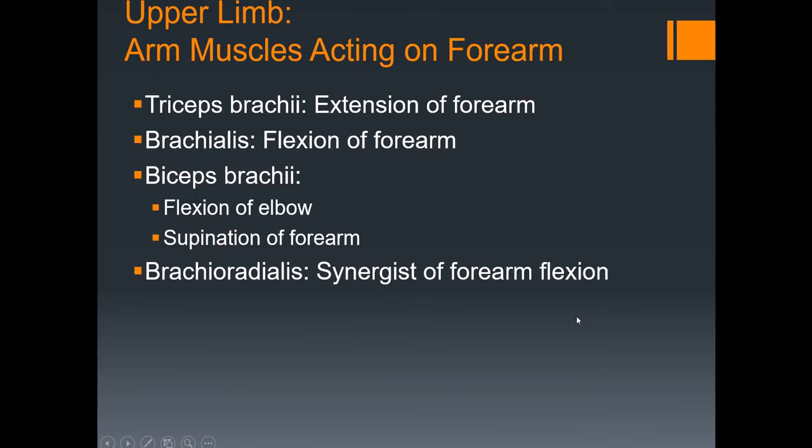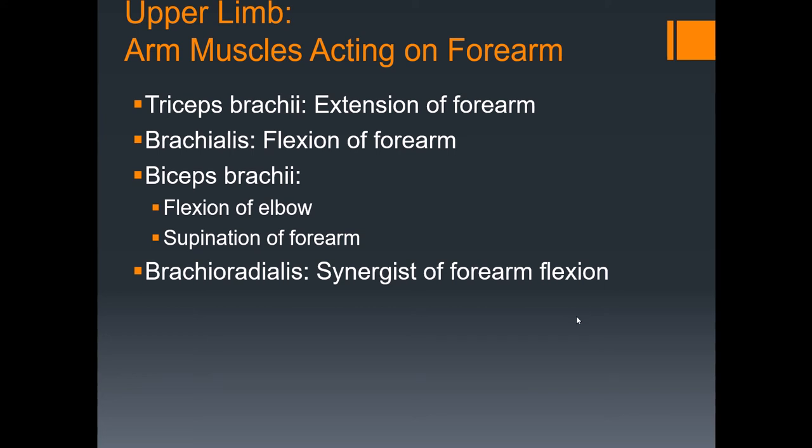If we then look at our upper limb muscles, in the arm, we've got the triceps brachii, the brachialis, the biceps brachii, and the brachioradialis. The triceps brachii causes extension of the forearm. The brachialis causes flexion of the forearm, as does the biceps brachii, which also causes supination of the forearm.